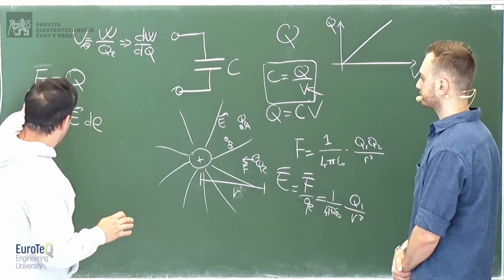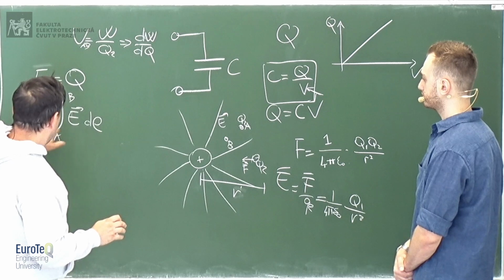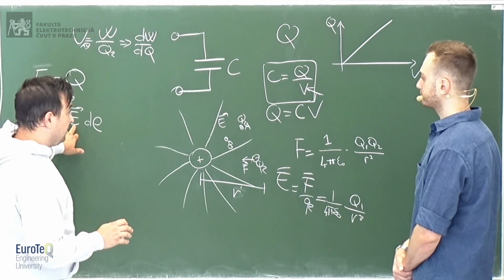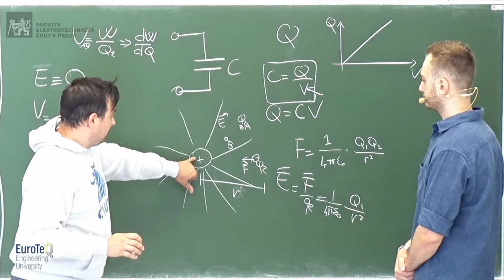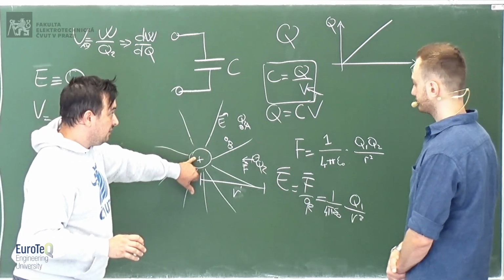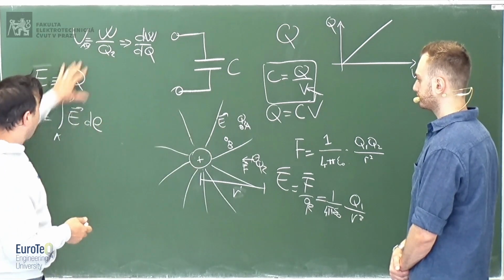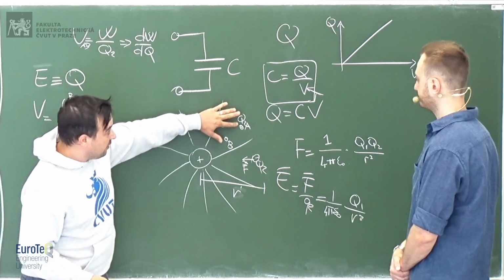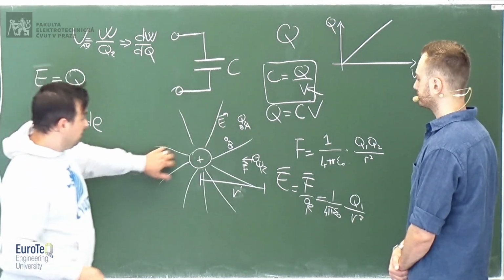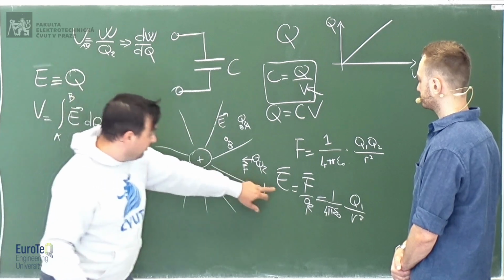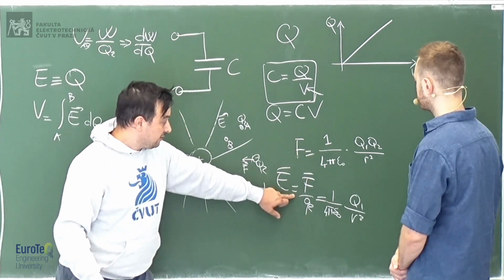But, so, we know that E is proportional to Q. The voltage is proportional to the electric field. Okay. If you double here the charge in the center, you double the electric field, and therefore you double the work you have to require to go from point A to point B. Double the charge, double the electric field, because the electric field is proportional to Q1, okay?